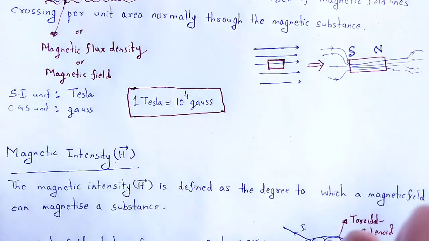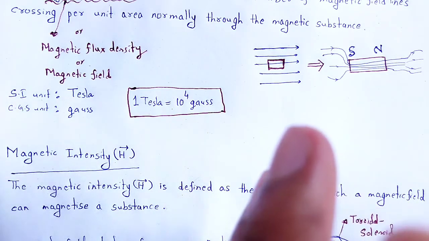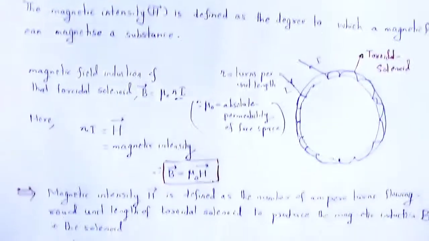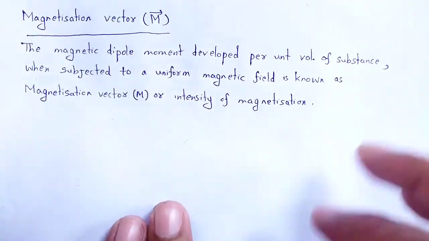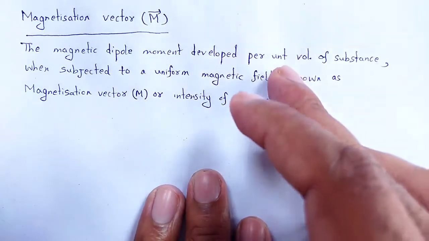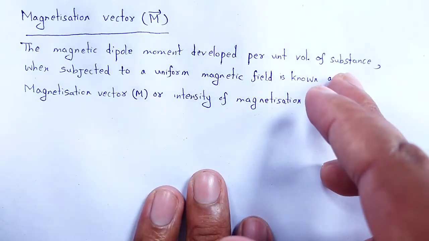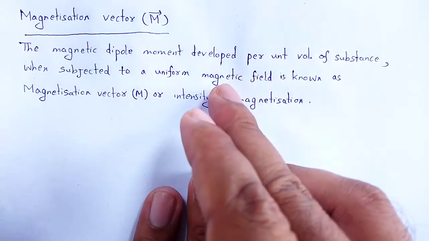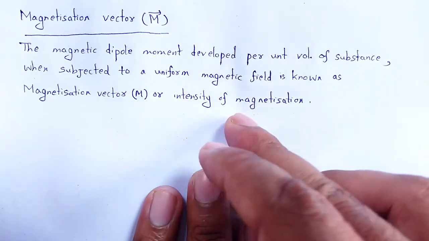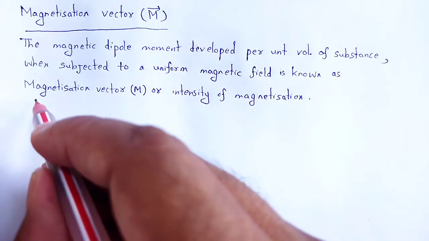That magnetic dipole moment is the product of pole strength into length of that magnet. So here we define the magnetization vector M as the magnetic dipole moment developed per unit volume of the substance when subjected to a uniform magnetic field, or we can say intensity of magnetization.